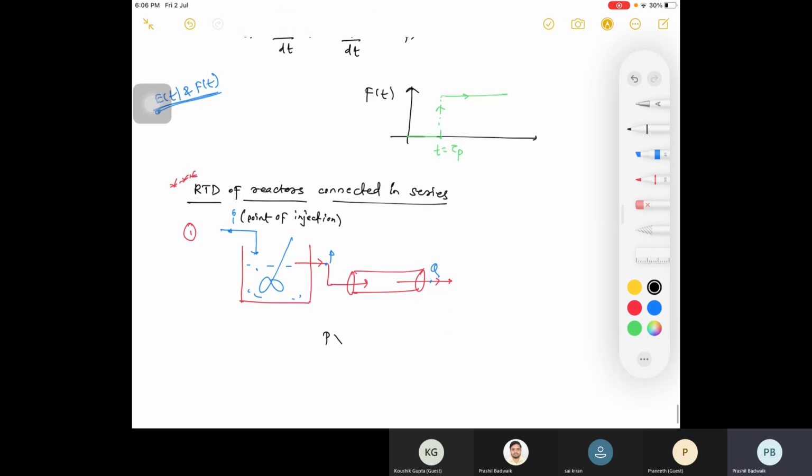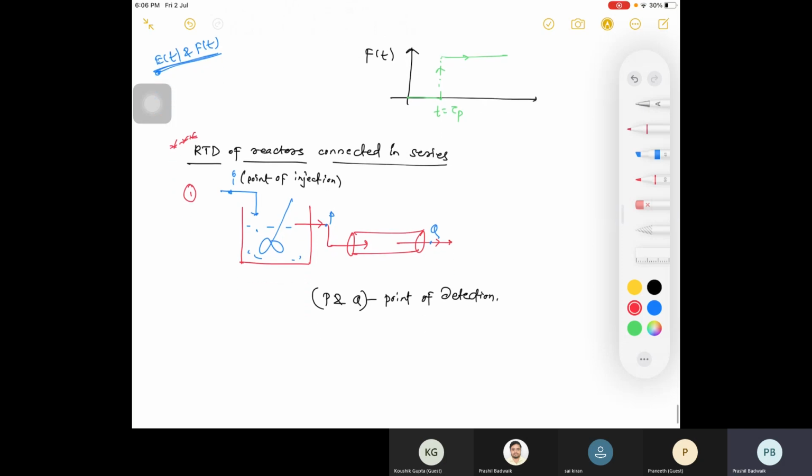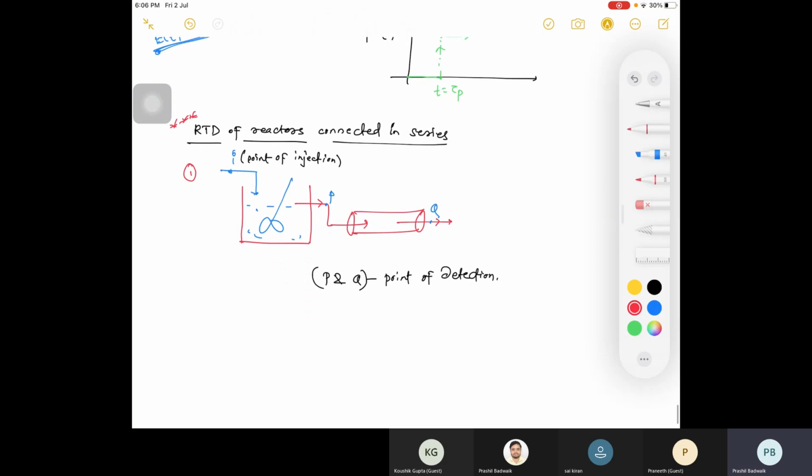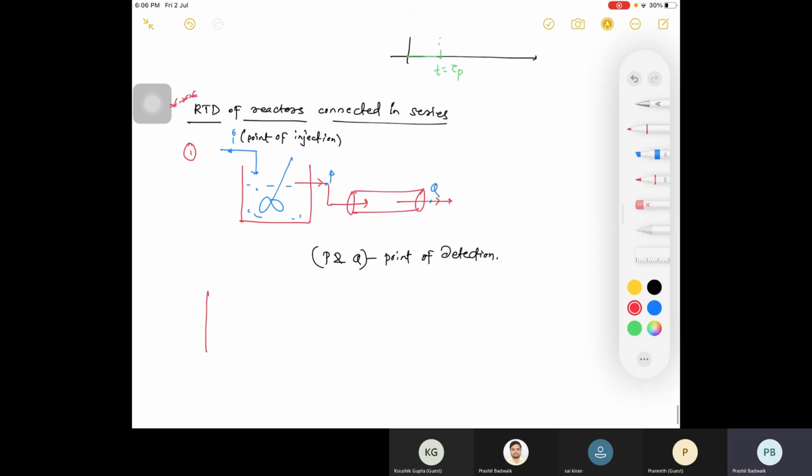Your P and Q are points of detection. Now you are a doctor of reactors and you need to tell the profile. What is your inlet concentration profile for pulse injection? Sudden increase at t equals to 0, sir.